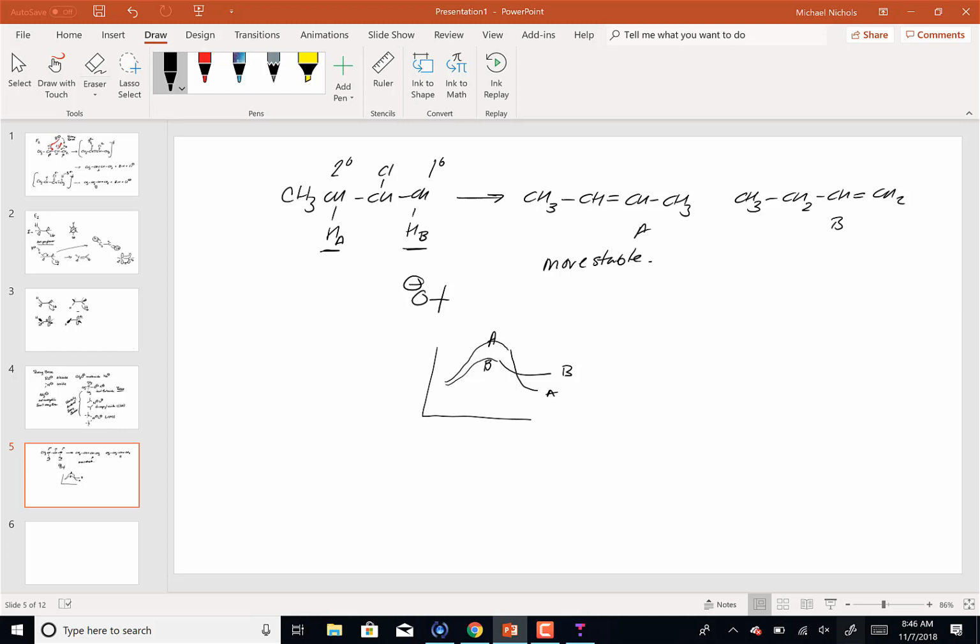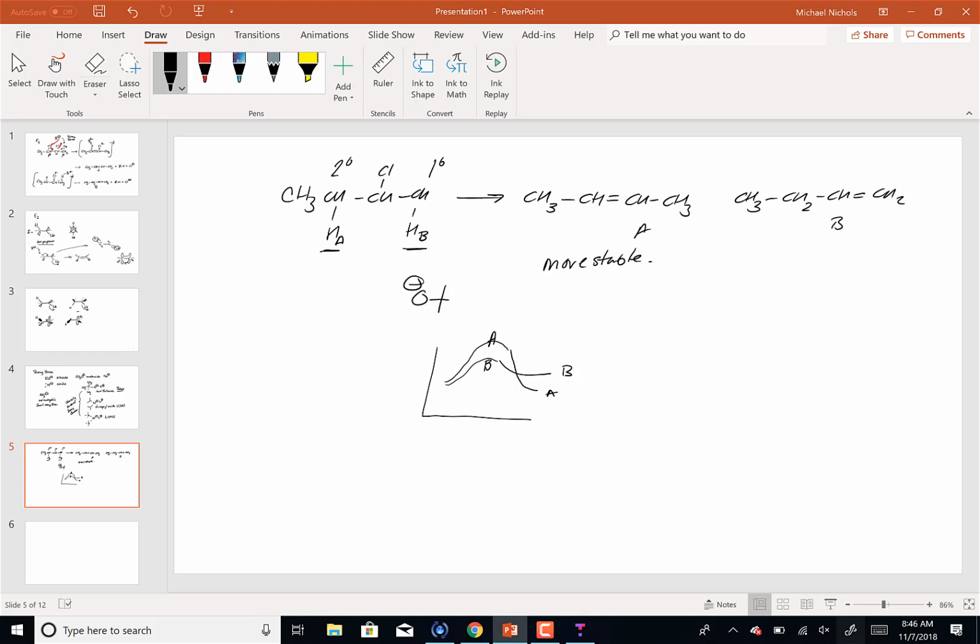Kinetic means the product that's first formed. How do you get that product? You get that by having the lowest transition state energy, because of the Arrhenius equation. No Hammond in this case, just Arrhenius. So this would be called the kinetic product. I wondered in the book why are they including kinetic versus thermodynamic? That's a second semester topic.